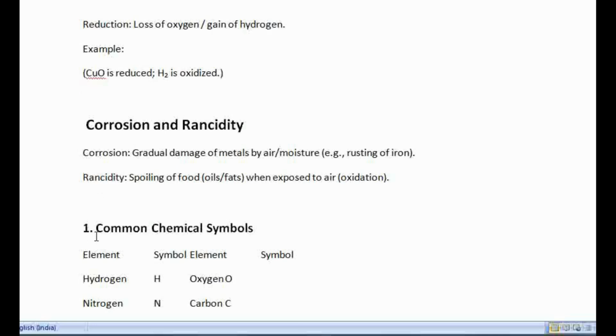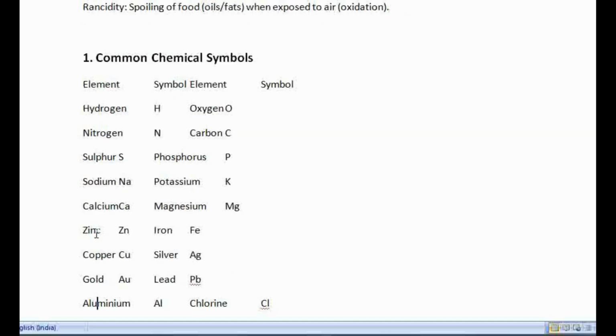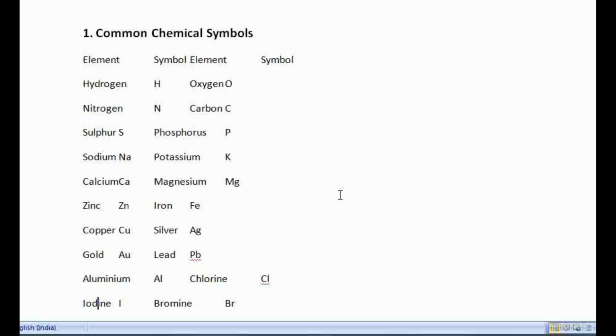So the first one is common chemical symbols. See on the screen you can see element names and symbols. They are not arranged clearly, but you can find them through Google also. For hydrogen the symbol is H, and for oxygen the symbol is O. You should memorize them.